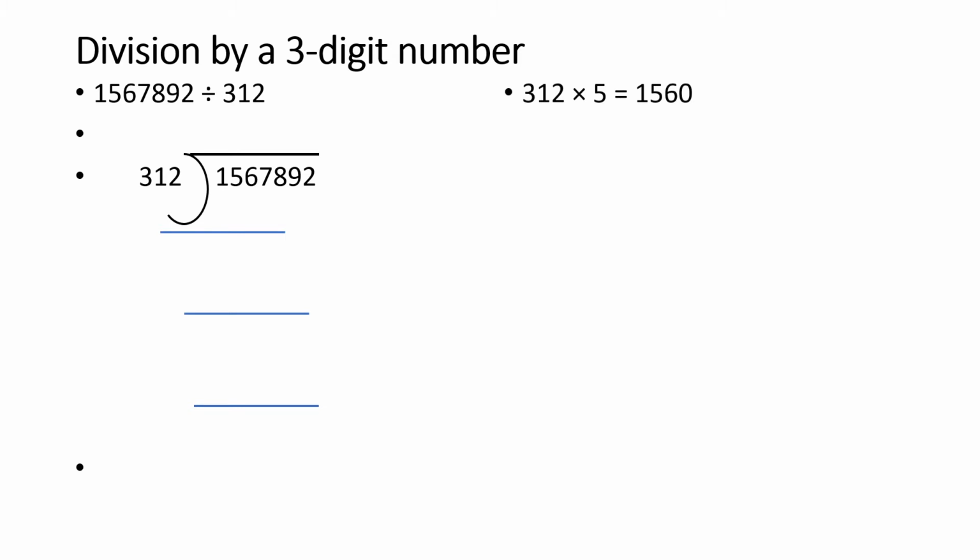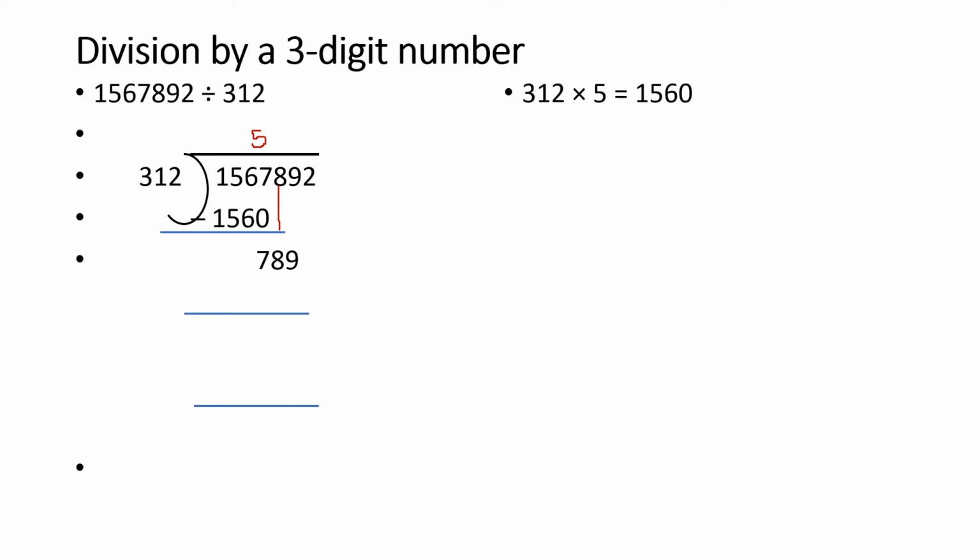That is equal to 1560, which is less than 1567. It means yes, our estimation is right. That is 312 fives are, and we will write 1560 here. We will subtract it and we will write down this number 8 here.